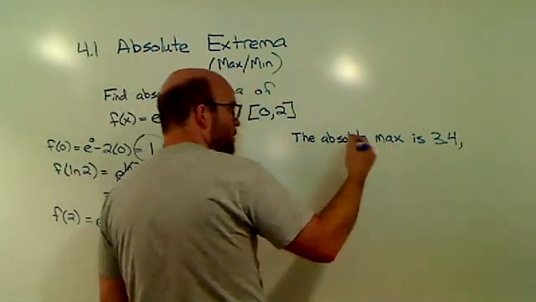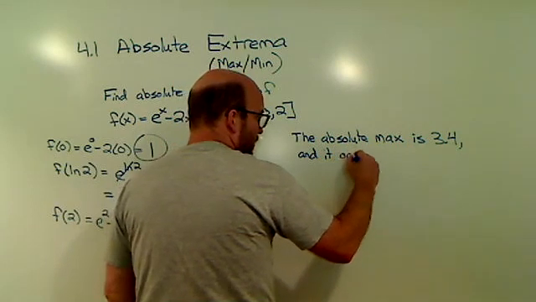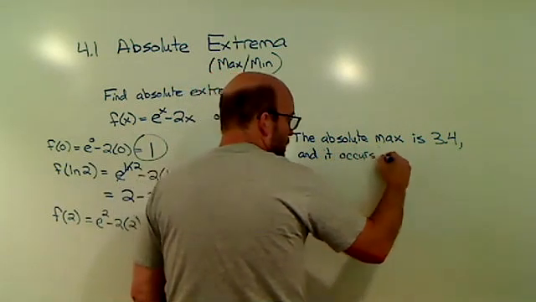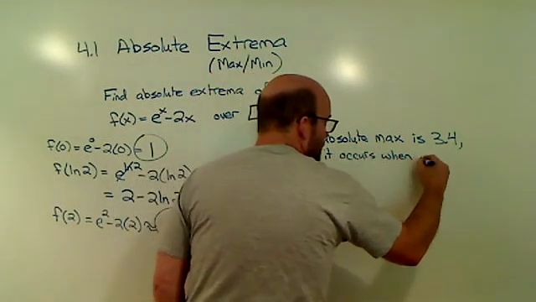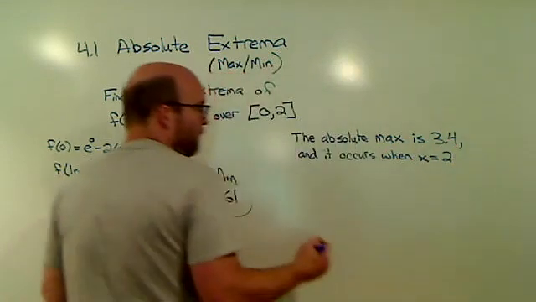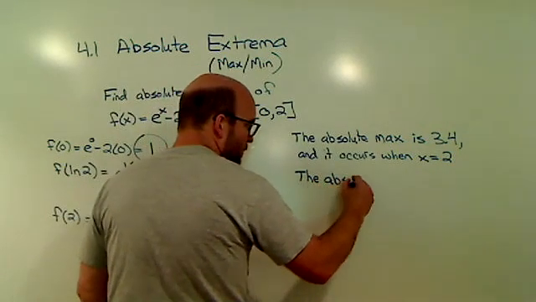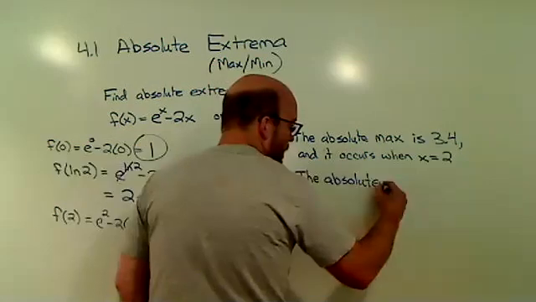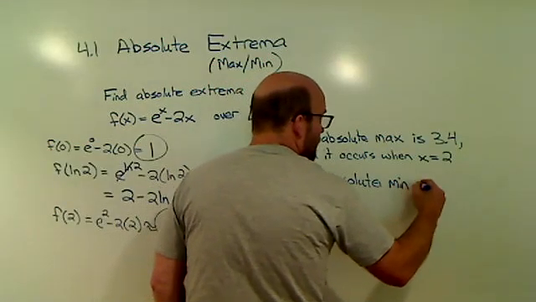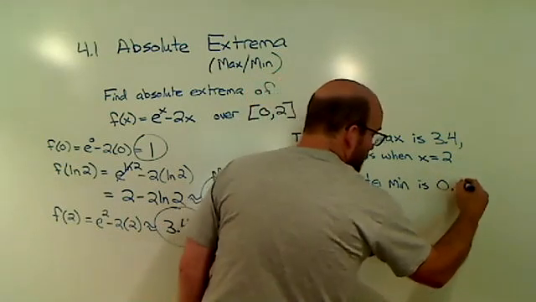The absolute maximum is 3.4, and it occurs when x is equal to 2. And likewise, same description, we'll just change the numbers, but the absolute minimum is about 0.61. Is that what it was? Yeah, 0.61.